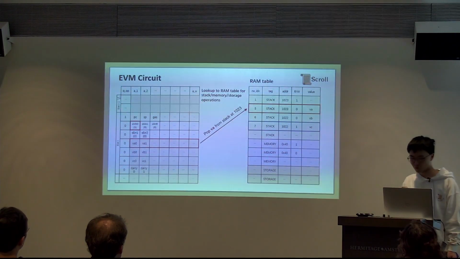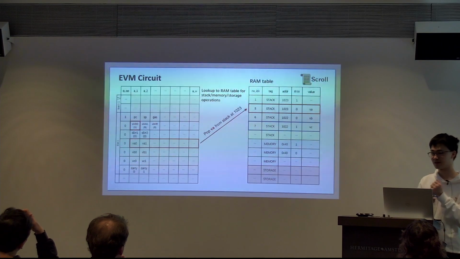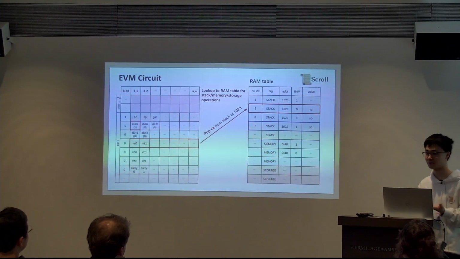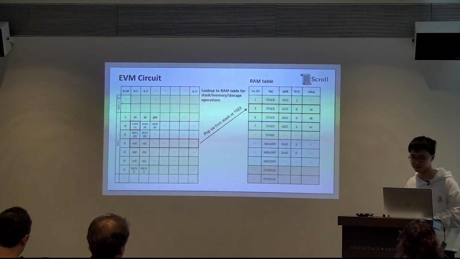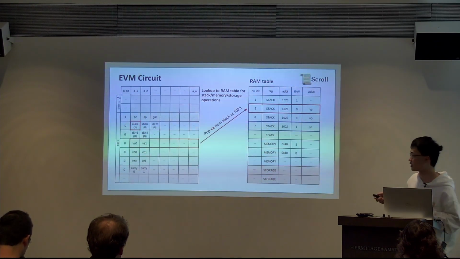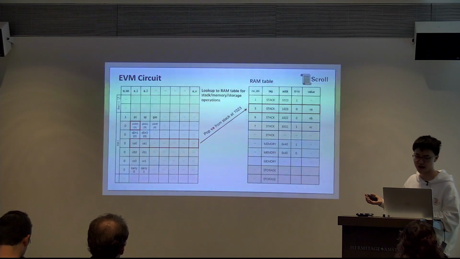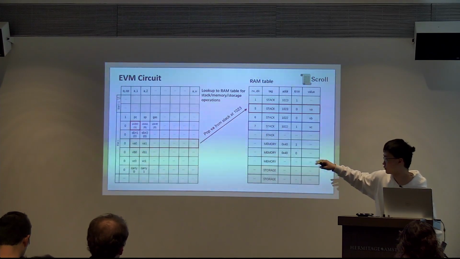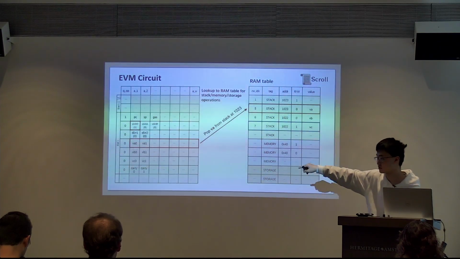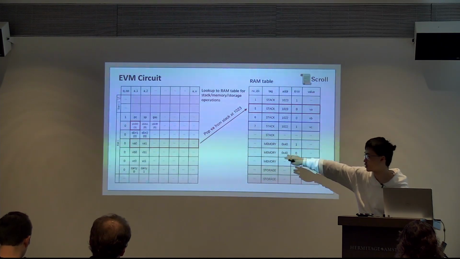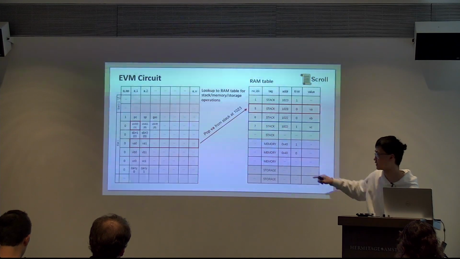And now let's move to a more complicated example, like the RAM table and how we are using the circuit to constrain that a table is generated correctly. For example, this example is used for add. Your add needs to prove that VA plus VB equals VC, right? So your first operand is VA, second operand is VB, third operand is VC.